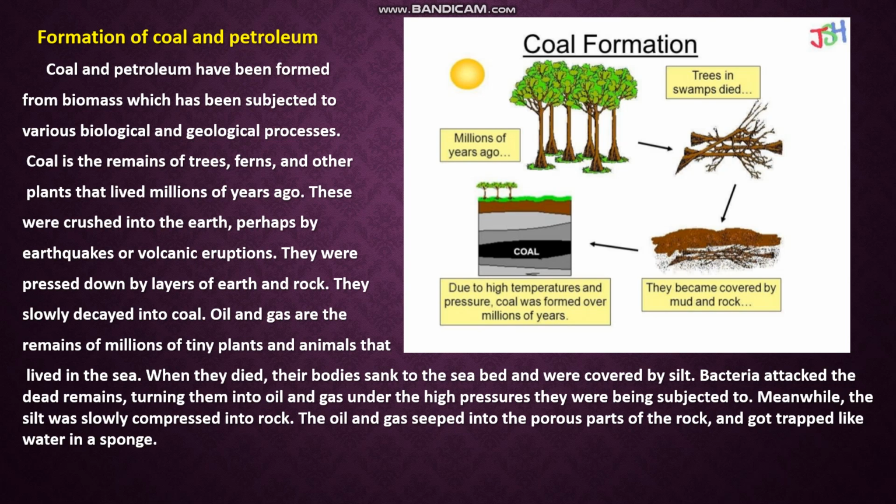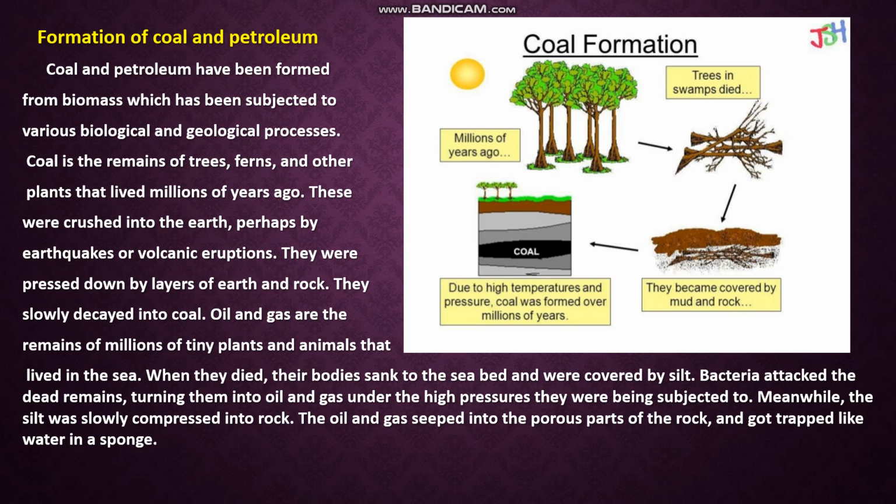When they died, their bodies sank to the seabed and were covered by silt. You know what is silt? So these bodies were covered by the silt. Bacteria attacked the dead animals, turning them into oil and gas under the high pressure they were being subjected to.